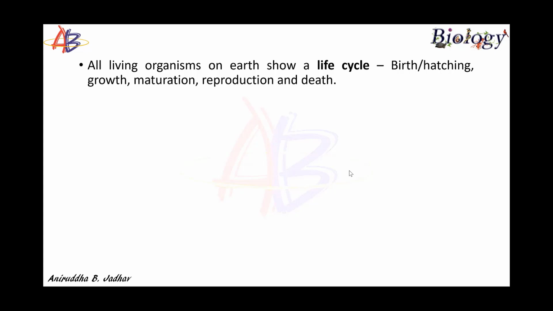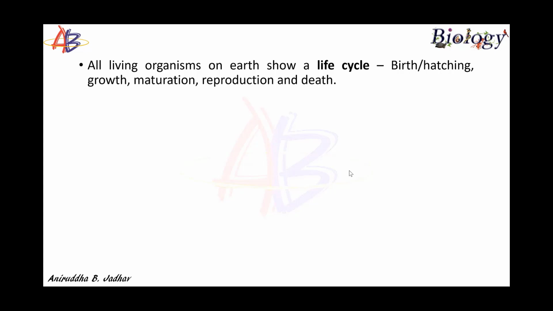It means that there must be some process that ensures the production of new organisms in place of those that are dying, right? So this pattern is common for every living organism, and we can learn this pattern by observing certain stages of their life. So let us try to understand this in a detailed manner.